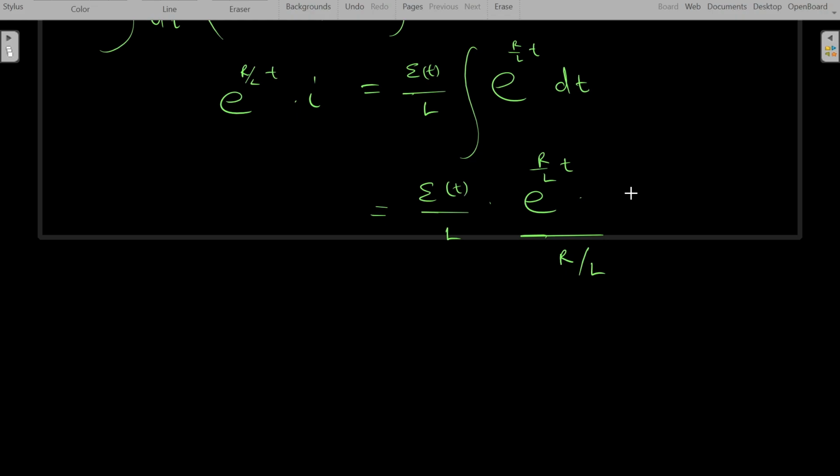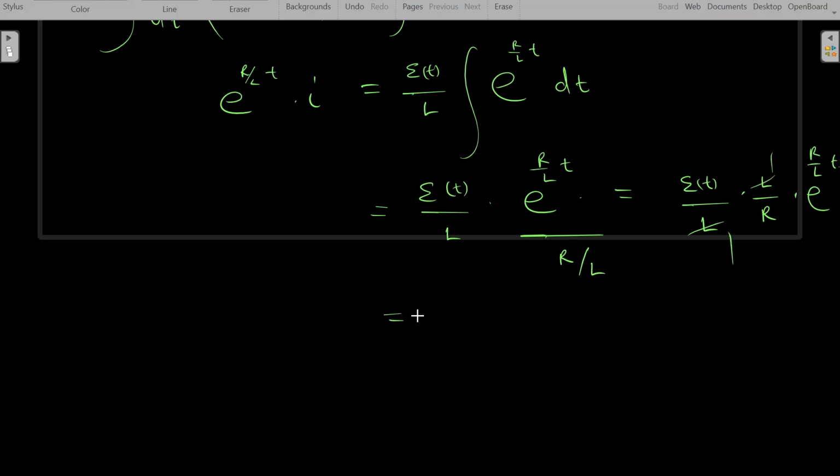So go check that. If we simplify that, we are saying this will equal e as a function of t divided by l, multiplied by l all over r, multiplied by e raised to r all over l t. As you can see, l cancels with l.